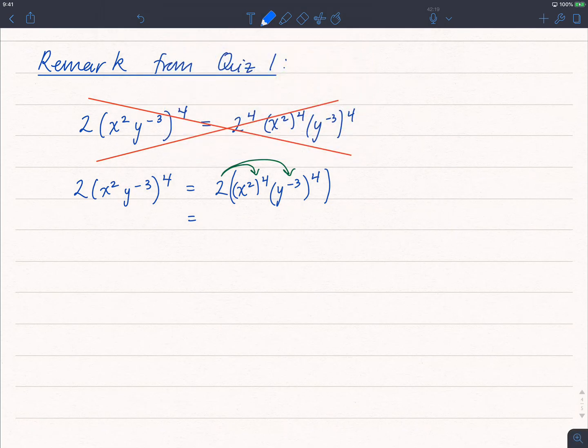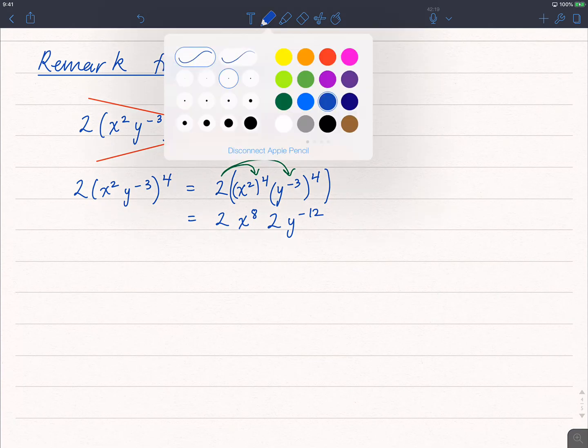So it was something like this. And this again is wrong, and the reason is we don't distribute across multiplication, but only across addition.